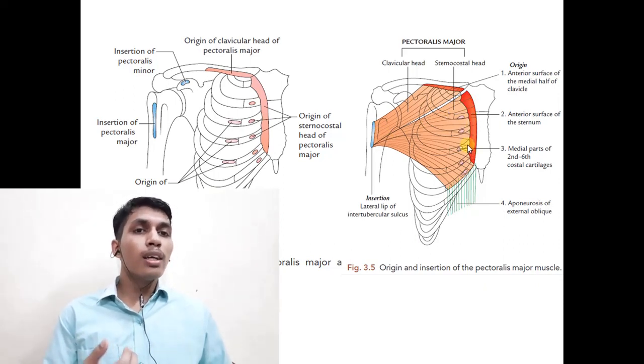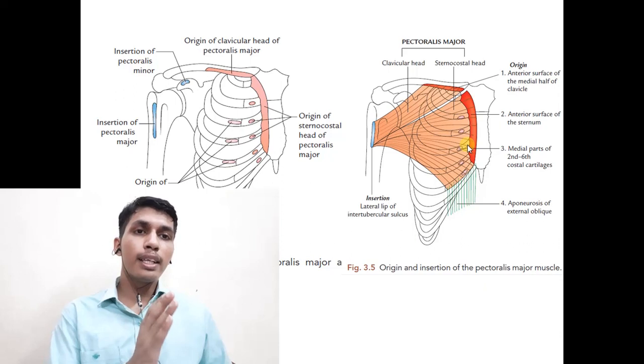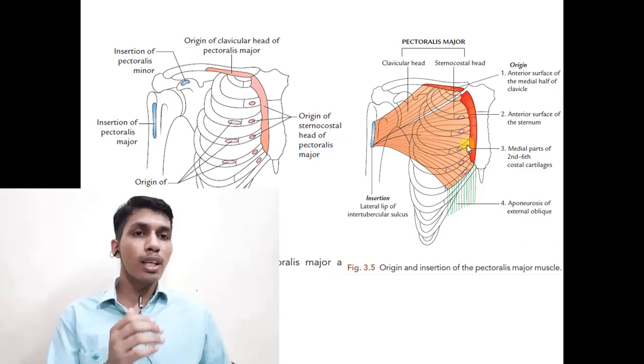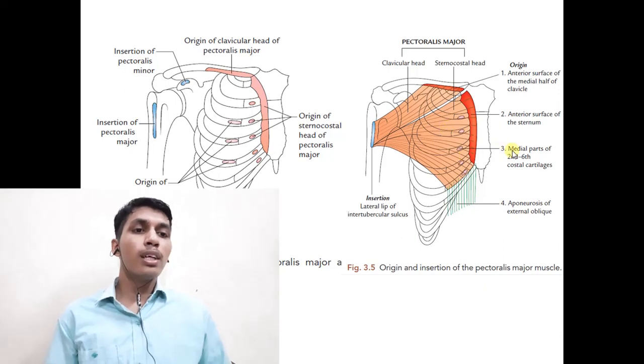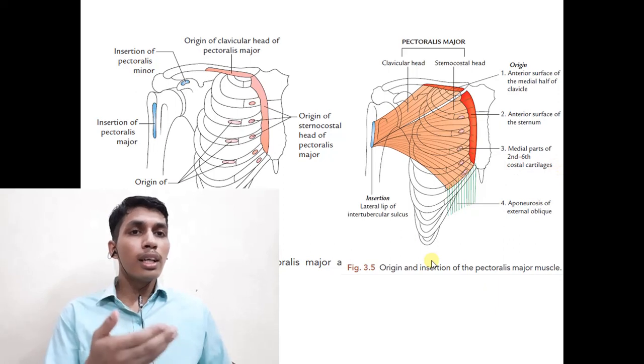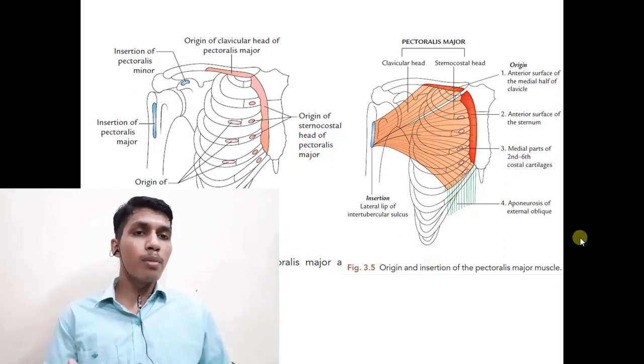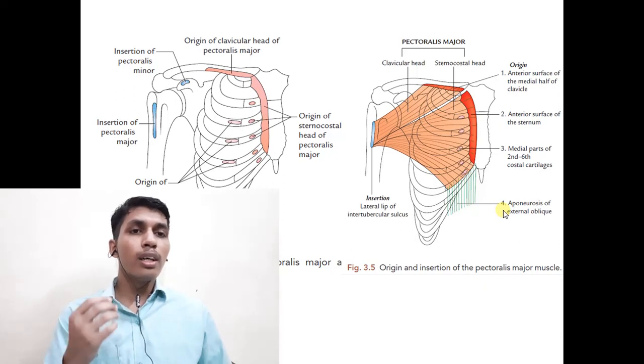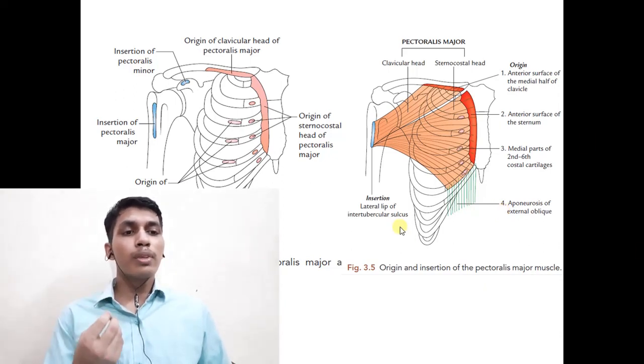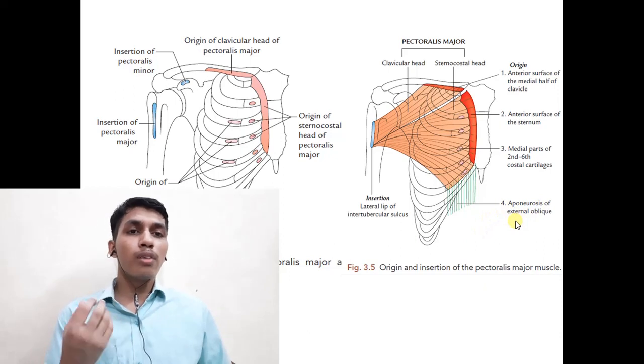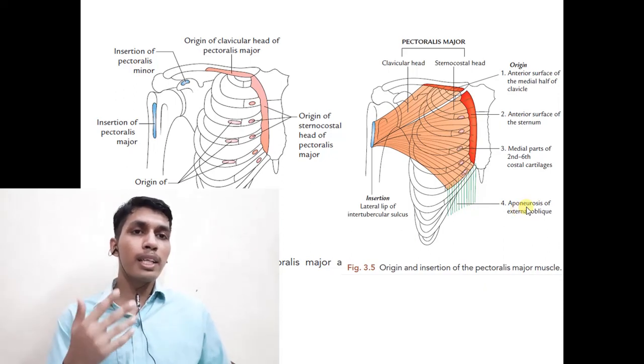From the body, from the lateral border of the anterior surface of the sternum up to the 6th costal cartilage, there arise fibers. Then from the medial part of the 2nd to 6th costal cartilages and the sternal end of the 6th rib, there arise fibers. And in addition to these, there are also fibers from the aponeurosis of the external oblique muscle of the abdomen.